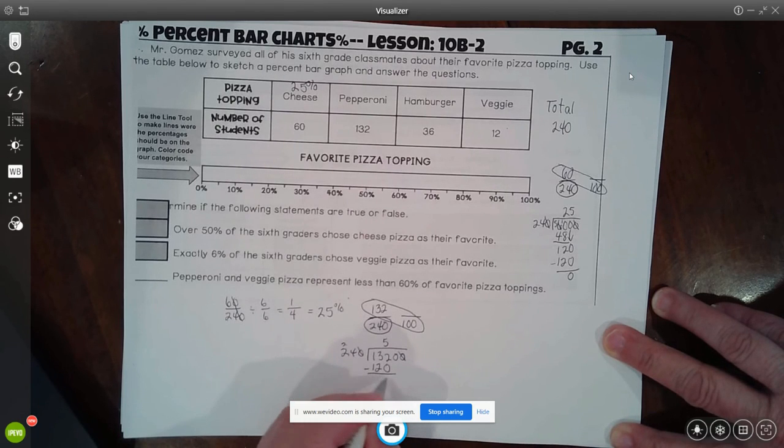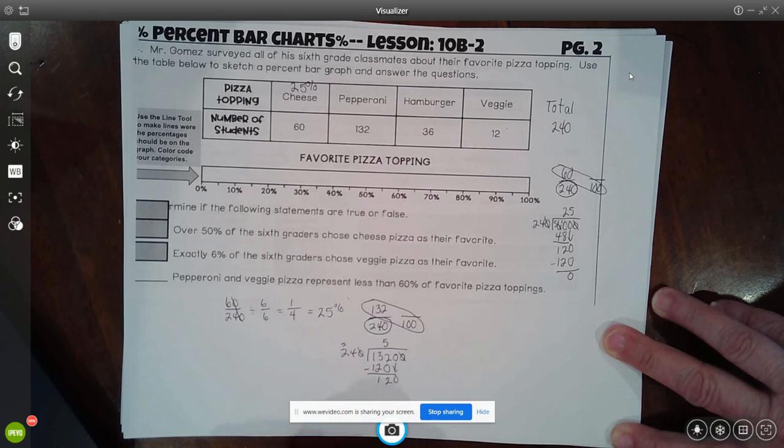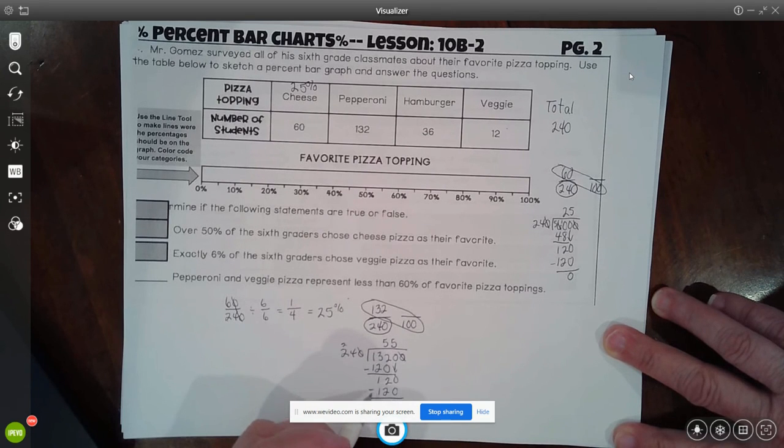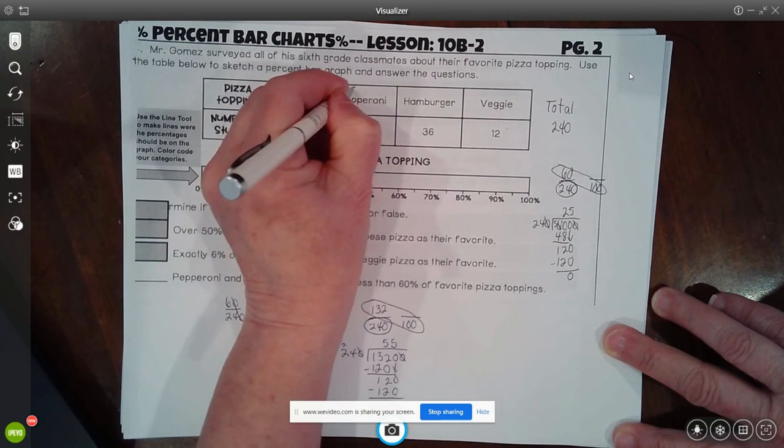Okay, and if I subtract this and bring down my 0, I'm at 120. And 24 goes into 120 5 times. That is 120. So the percent for pepperoni is 55.